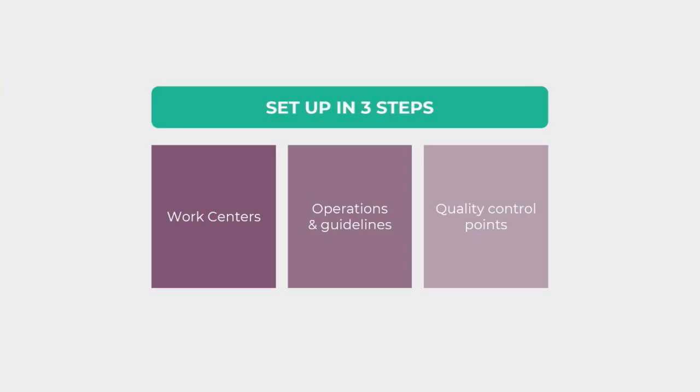So first, you want to configure your work centers, which are the different areas inside your factory floor where all your production is going to be completed. And next, you want to set up your list of operations, which are the guidelines by which your employees are going to work on throughout the production, in particular when it comes to that step in your production workflow.